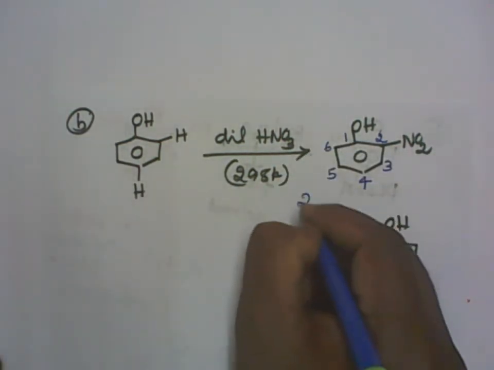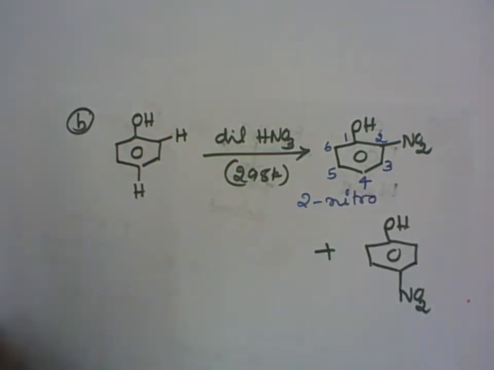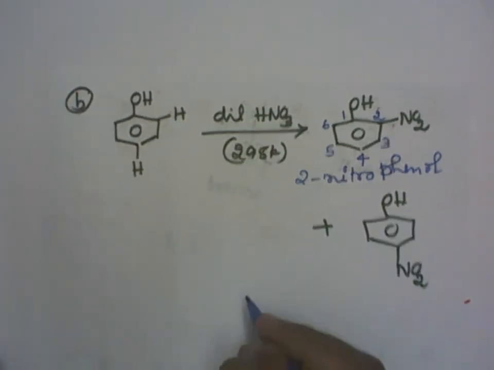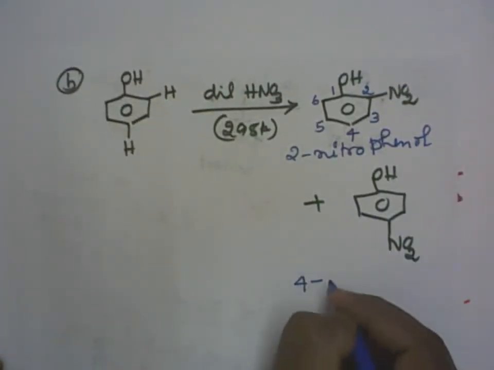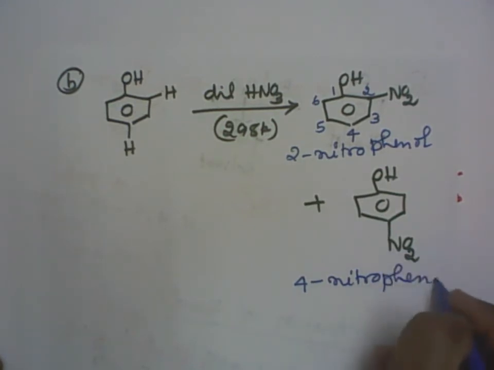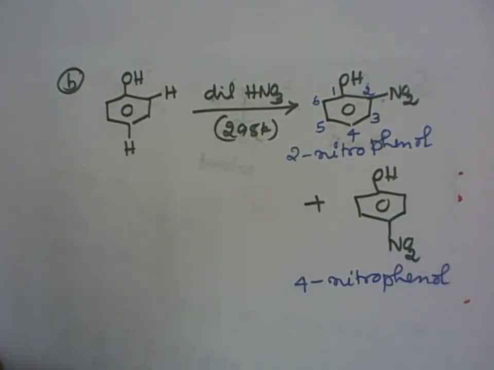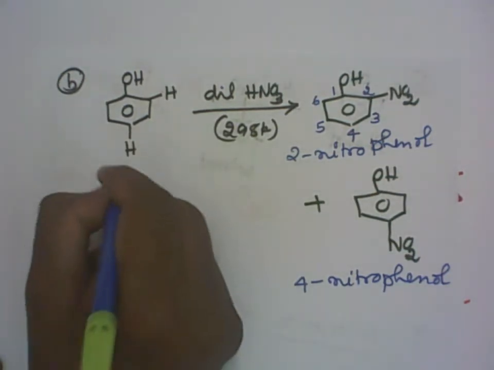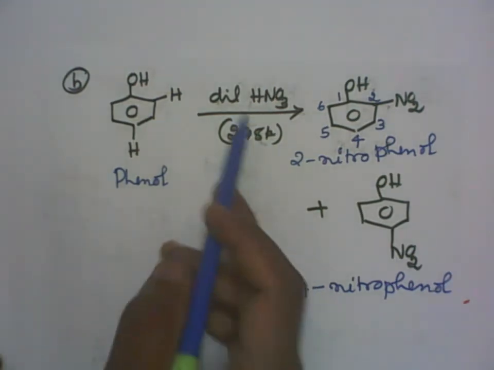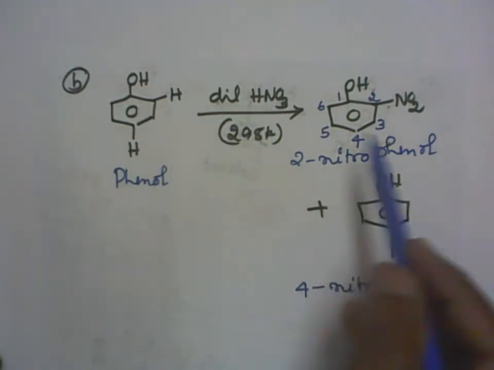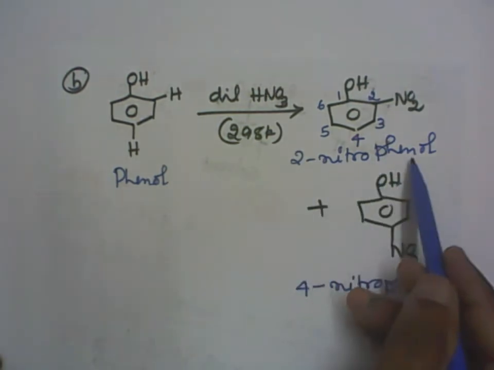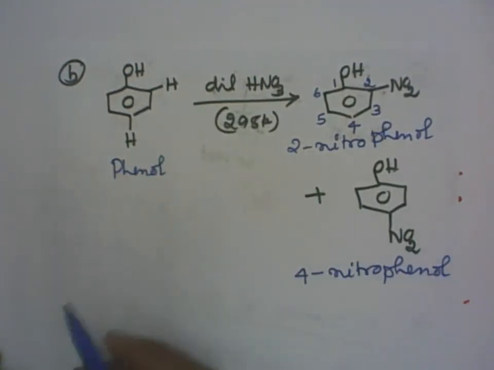So this is 2-nitrophenol. What about this one? This is called 4-nitrophenol. Right? So how will you write this statement? If they ask you to write down, phenol reacts with dilute nitric acid to give a mixture of ortho and para products, or a mixture of 2-nitrophenol and 4-nitrophenol.